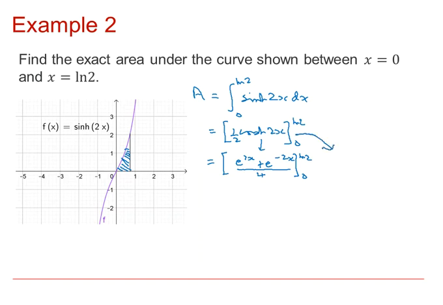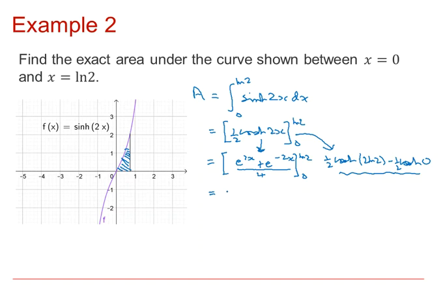Or the other approach is simply to put the limits in as they are now and get a half cosh of twice ln 2 minus a half cosh twice nothing. So this approach on the right is basically using your hyperbolic definitions on a calculator, for example, and the approach on the left is to use your fundamental definition of cosh. So I'm going to carry on with the approach on the left to show you how it would work if we were using this approach.